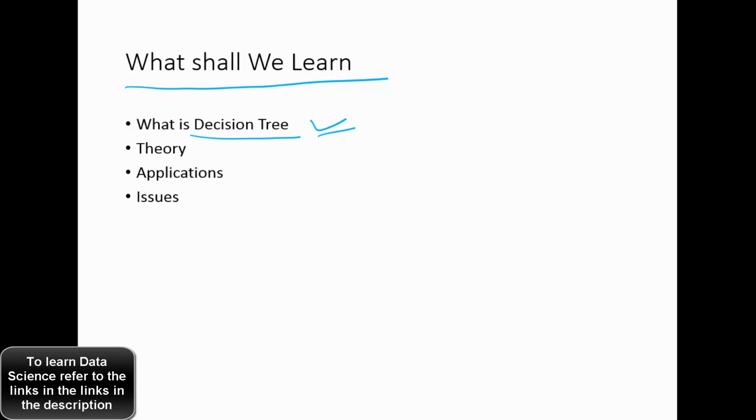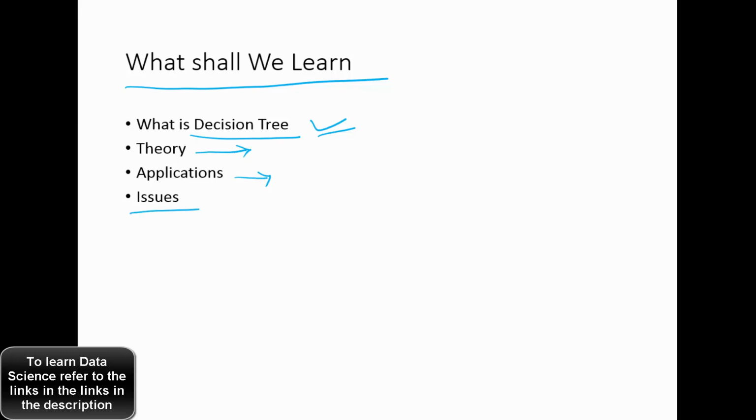We'll also learn what is the theory behind decision tree, how a decision tree is built from scratch, and what's the logic, what's the algorithm used in order to build a decision tree. The applications of decision tree: it is applied in many different practical purposes. There are many different areas in which decision tree is being used, so we'll discuss a few of them.